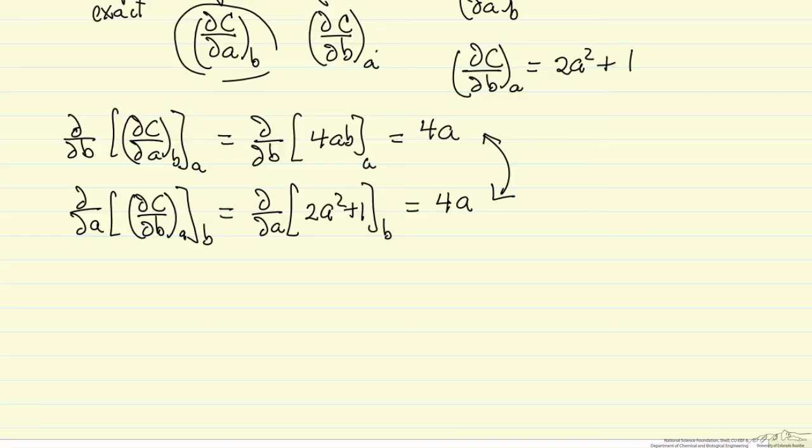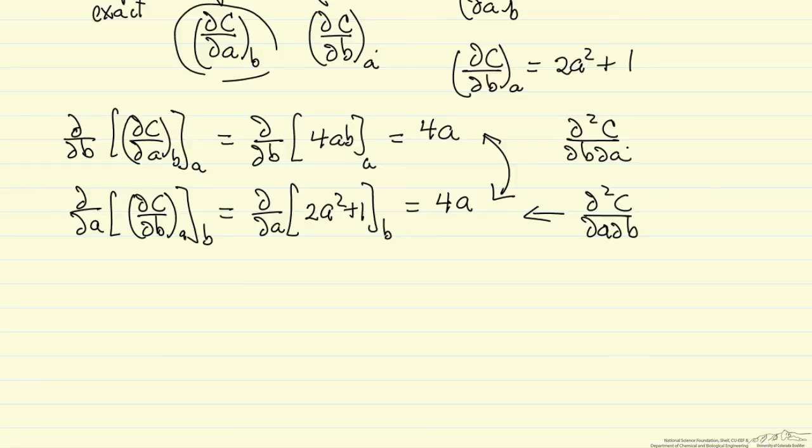And this is because this second derivative is the derivative with respect to B, derivative with respect to A, and this one here is the second derivative of C with respect to A and with respect to B. So changing the order of differentiation shouldn't matter, and it doesn't. For an exact differential, we get the same answer, and we're going to use that in deriving Maxwell relations.